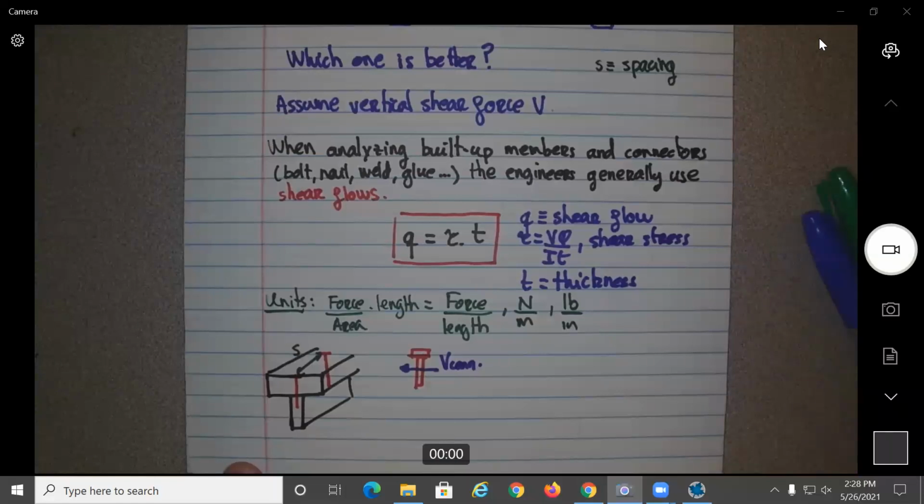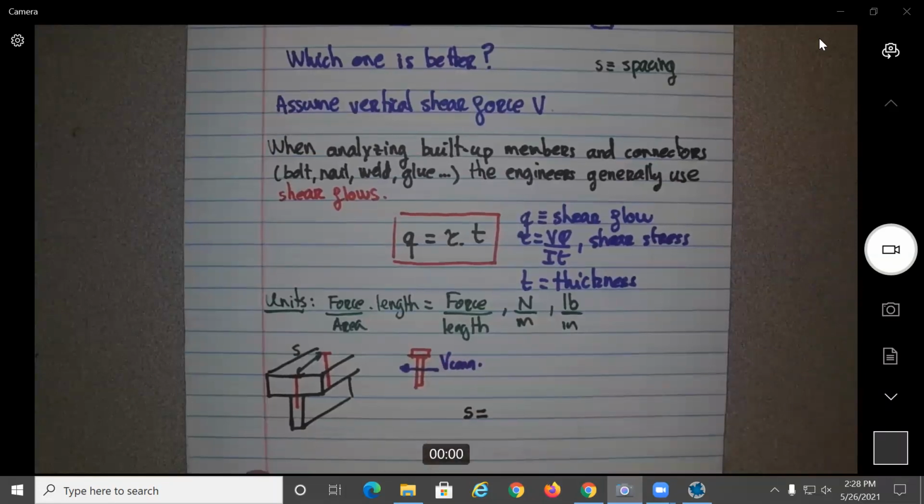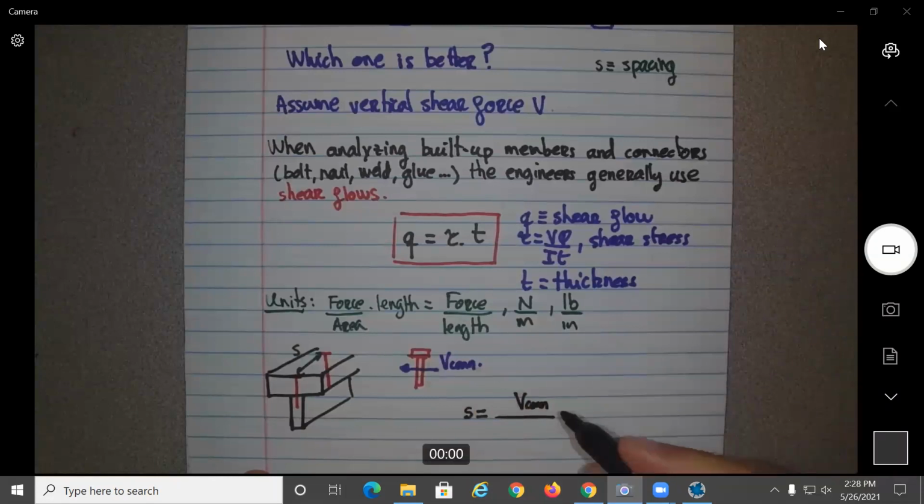So here, just think about the units. What should be the units of distance? What should be the units of the spacing? Should be distance, no? Okay, so obviously this needs to be related to the shear force of the connector. So this is V connector. What would be the units of this? It should be force. Yep.